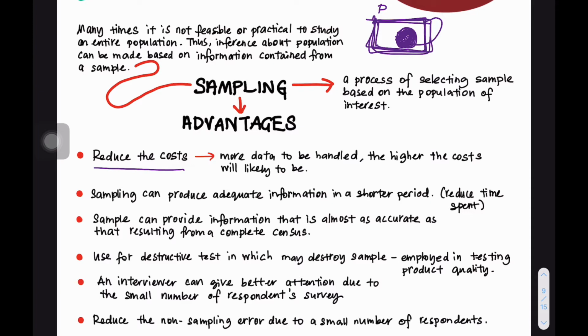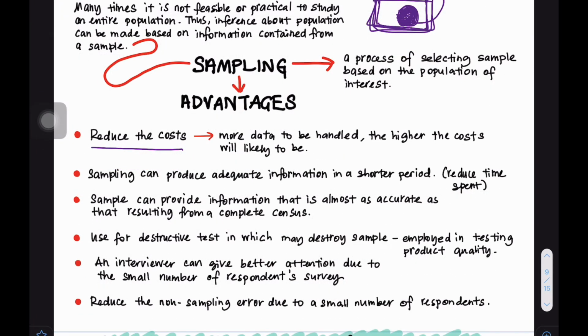Maksudnya, contohnya barang-barang makeup, instead of kita nak check quality of the product, kita nak buat test ke atas semua produk, we just choose the one yang rosak, kita test ke atas yang rosak tu untuk kita kaji behavior dia, kat mana kekurangan dia, dekat mana masalah dia. So it's disruptive test. Biasanya disruptive test ni dia melibatkan sample of the whole product contohnya.